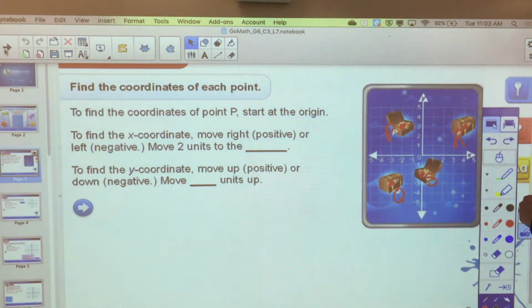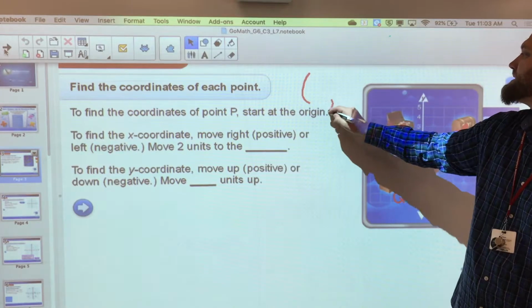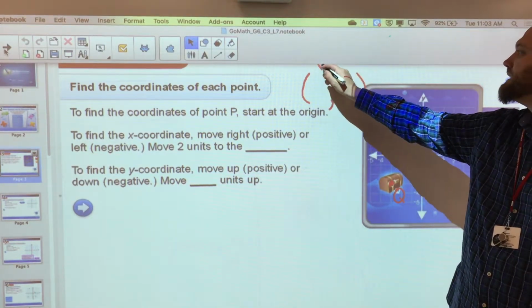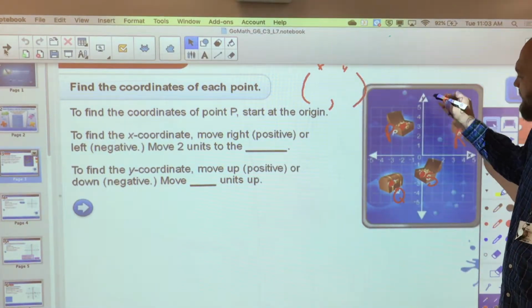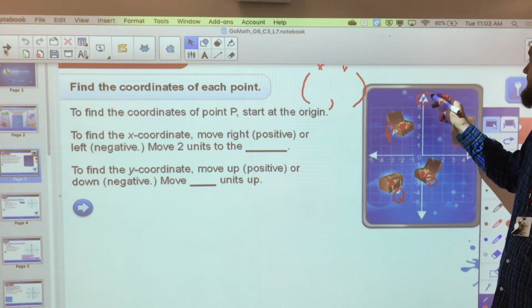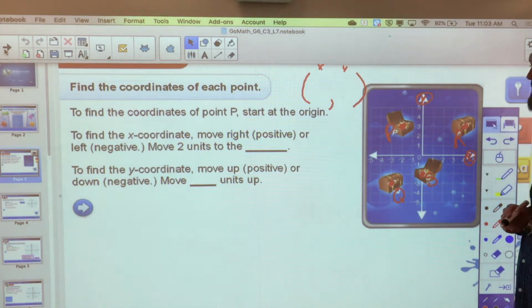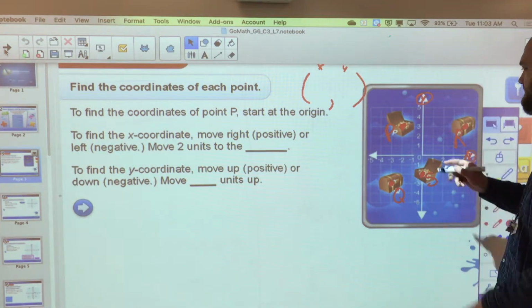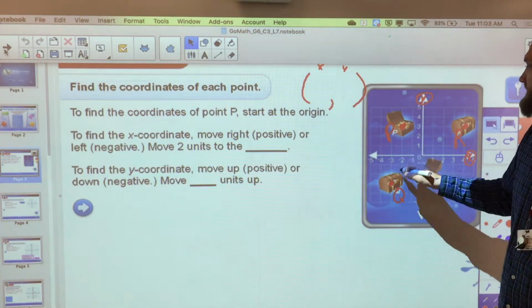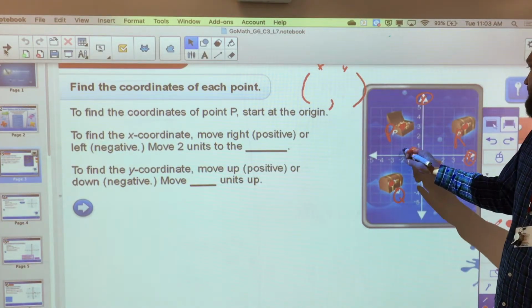So if I'm looking at the coordinates of point P, first thing I'm going to look at is X and then Y. And if you look at the picture, it's hard to see on the video, but in your book you can see that this has a Y right here, and over here it has an X, just to remind you. So we're going to start with X. For P, I'm going to come over until I'm on the line that this is on. 1, 2.